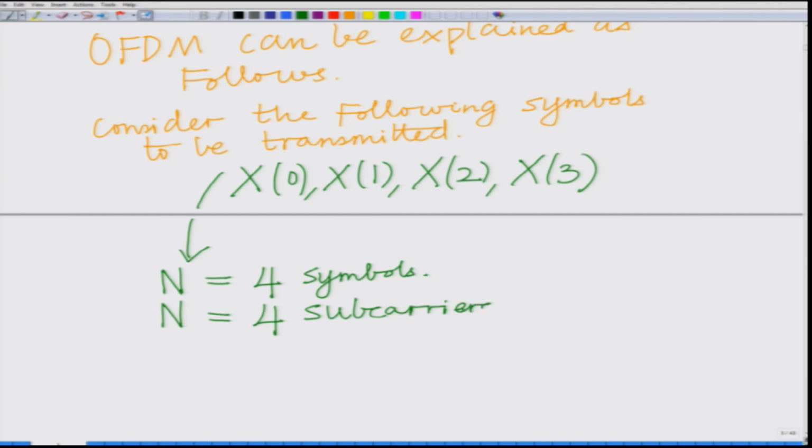This capital N is an important parameter in this OFDM system. We are going to use capital N equal to 4 symbols, denoted by capital X0, capital X1, capital X2, capital X3. It is important to note that we are representing them by capital X, because we will use small x to represent something else.